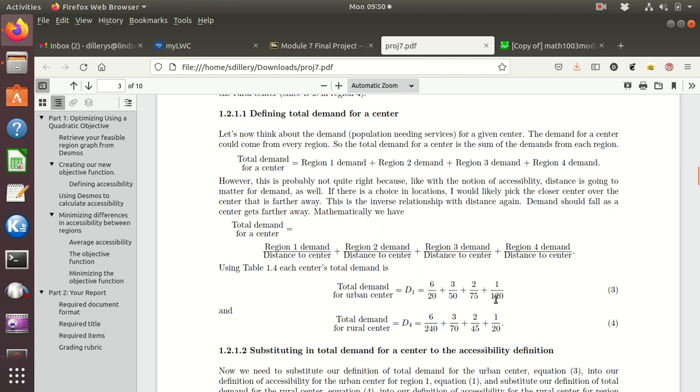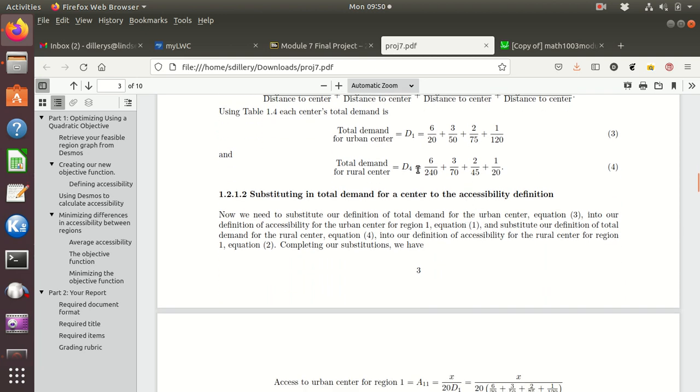So that's how we'll do the demand for the urban center, and the demand for the rural center, same idea. You see the demands on top are all the same, but the times are now reversed, sort of. The biggest time here is under Region 1 because we're now going to the rural center, and they took 4 hours to get there. So that's what this is doing, defining what that is.